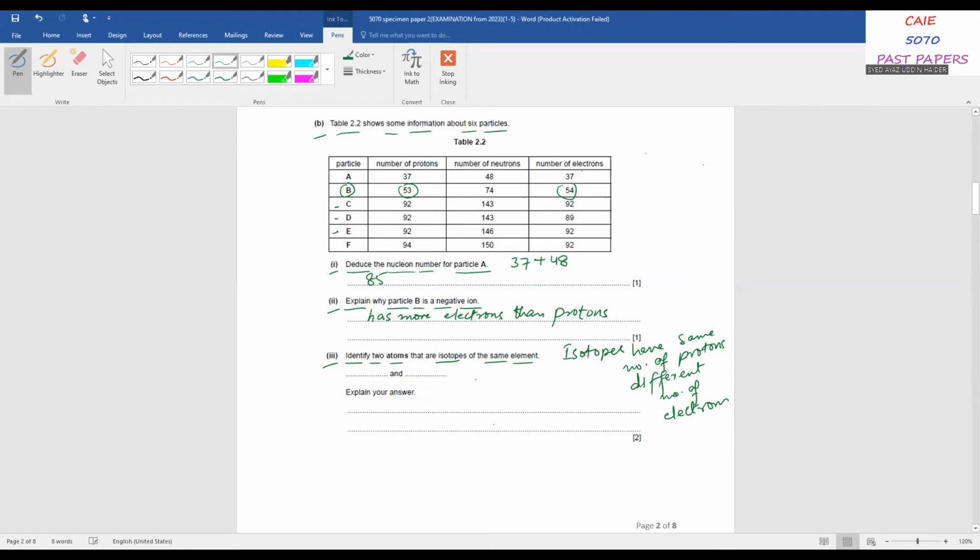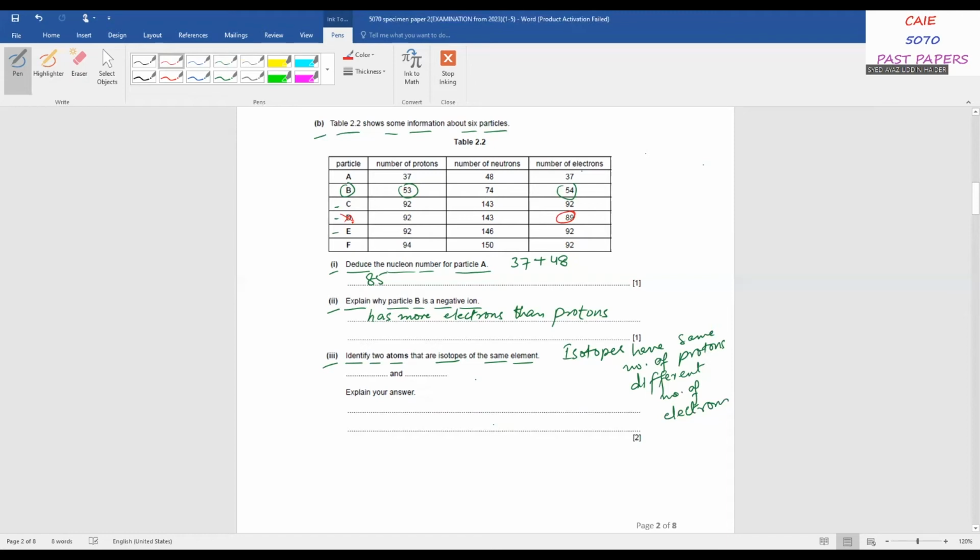Now we'll look at the number of neutrons as well as number of electrons also, because if number of electrons is different, then it must be the ion, not atom. So for D, the number of electrons is different. So you can't have D as the correct answer.